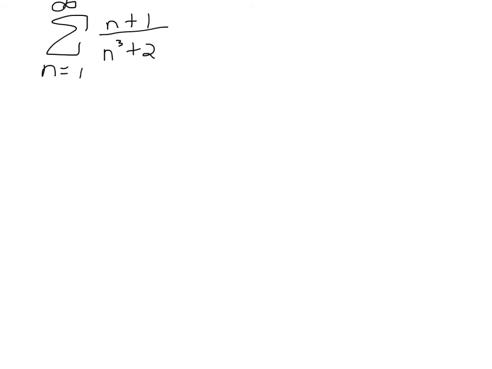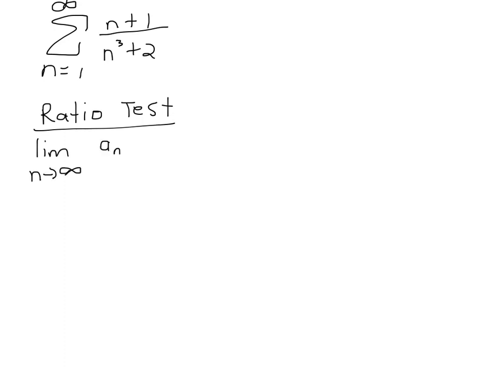So again, we're going to evaluate the limit as n goes to infinity of a of n plus 1 over a of n. Again, I'm ditching the absolute value bars because all of the terms of the series are positive here, so the absolute value bars are not necessary.